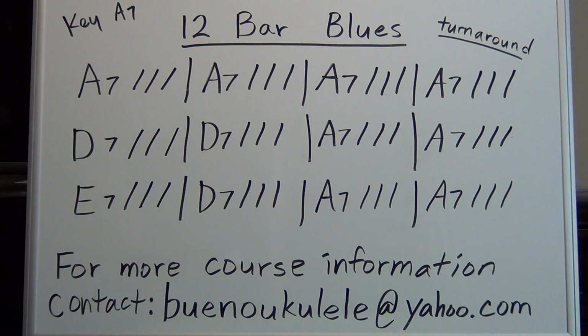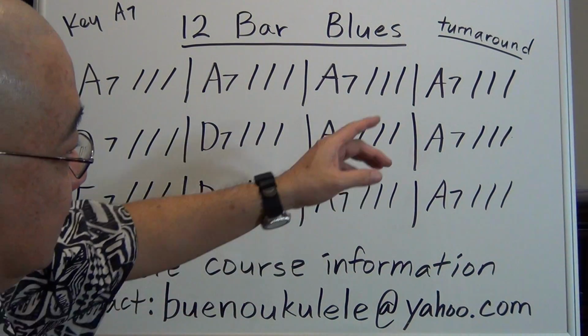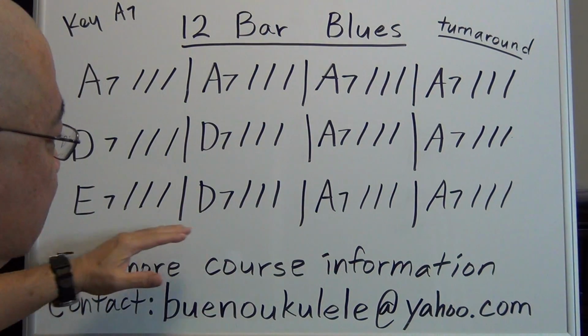The terminology is not exclusive to blues music. It's also used in other types of music such as jazz, rock, and pop. But for the example today, we're using this last line as the turnaround.